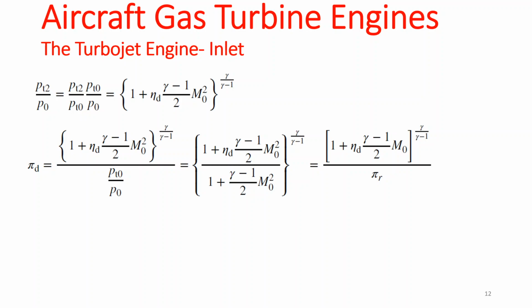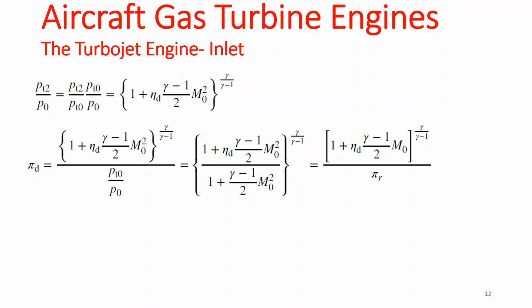Your diffuser total pressure ratio is going to be related to your efficiency, the Mach number, that's the ambient, the flight velocity, and the flight total pressure to the flight static pressure, okay? And we already know this relationship is going to be 1 plus gamma minus 1 over 2 M naught squared.